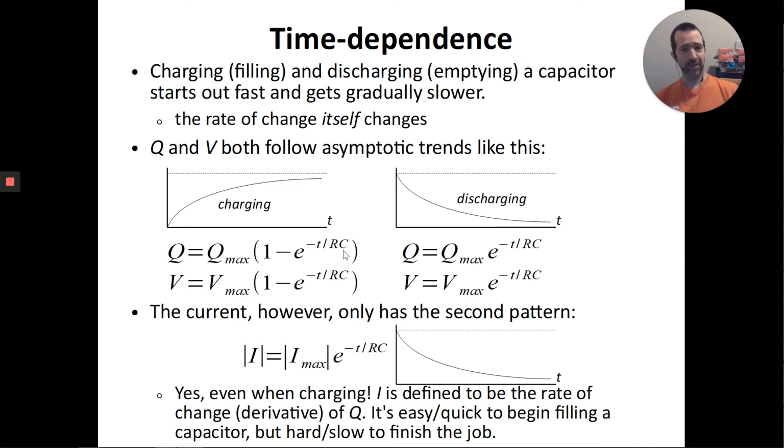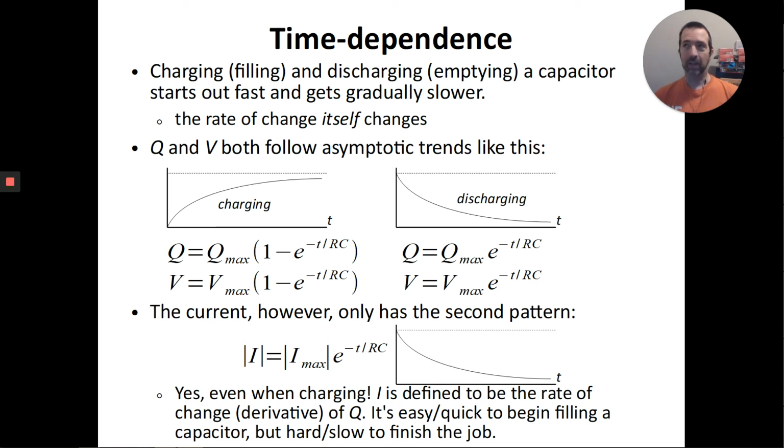So resistance times capacitance apparently is the same thing as a time. Ohms times farads equals seconds, which is one of the weirder unit interactions in physics. But that quantity R times C represents a time.